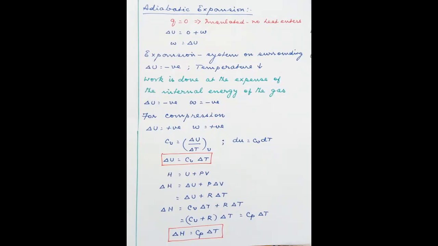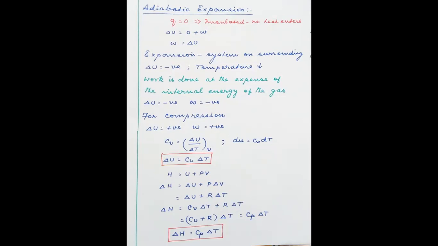So what we are doing, we supply heat energy so that the temperature is maintained constant. So Q is supplied. Suppose the piston is compressed, then the gas molecules are forced to come closer. So heat is generated. The temperature of the system increases. In order to bring the temperature down so that delta T can be zero, the cylinder is cooled down. In such cases, the Q is taken out.